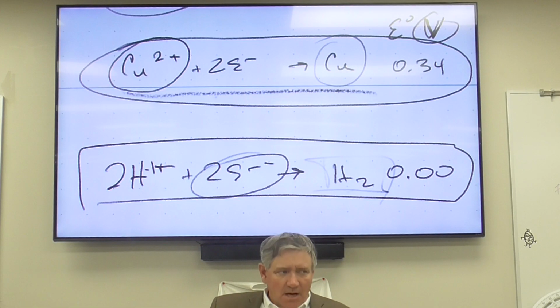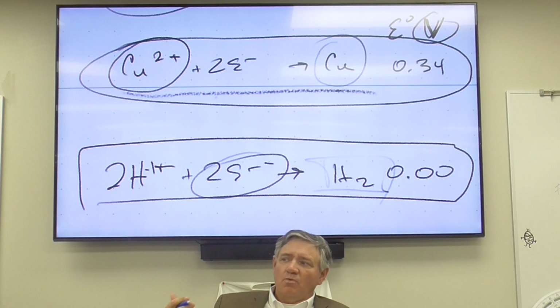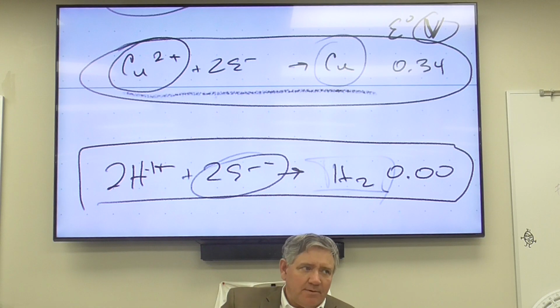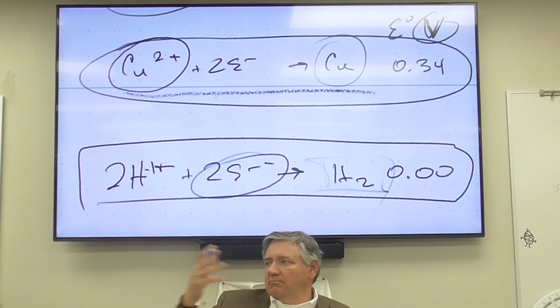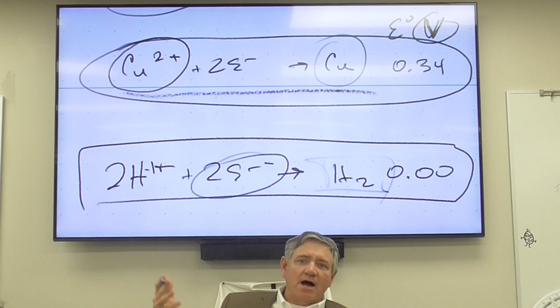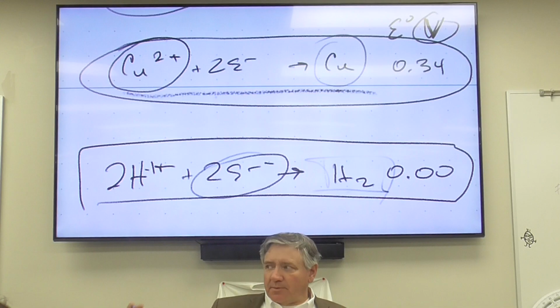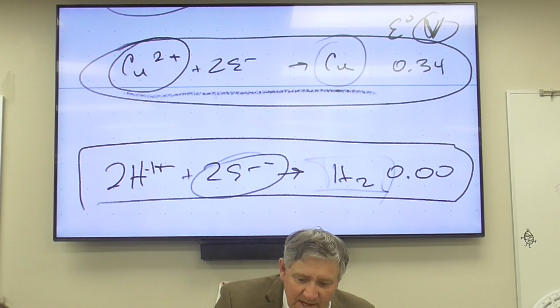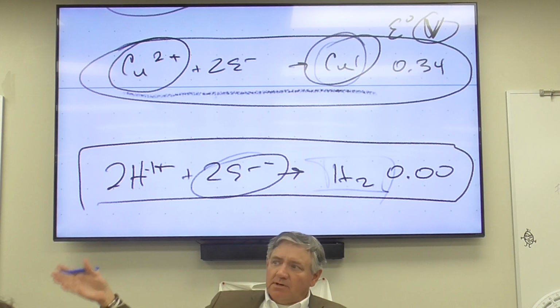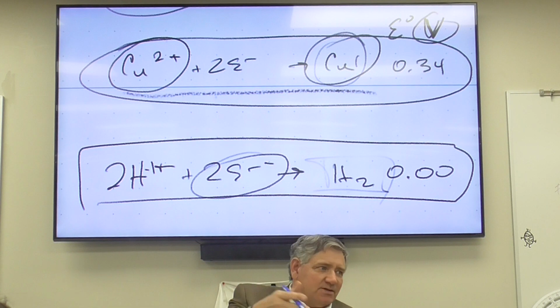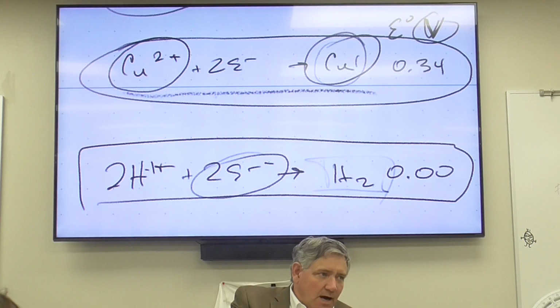It wants to end up as copper. This is why we use copper in some roofing materials. Some houses will have copper on the outside. It's why we have copper pennies, because copper really likes to exist as elemental copper. It doesn't like to exist as the copper ions.